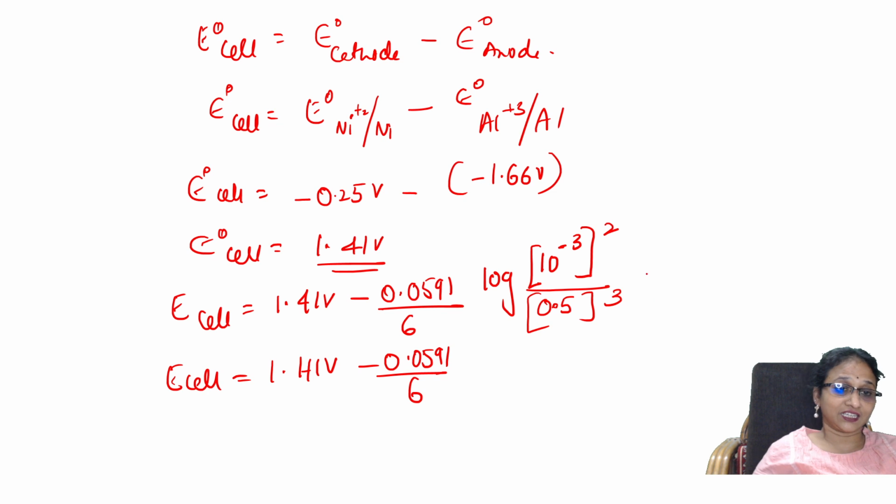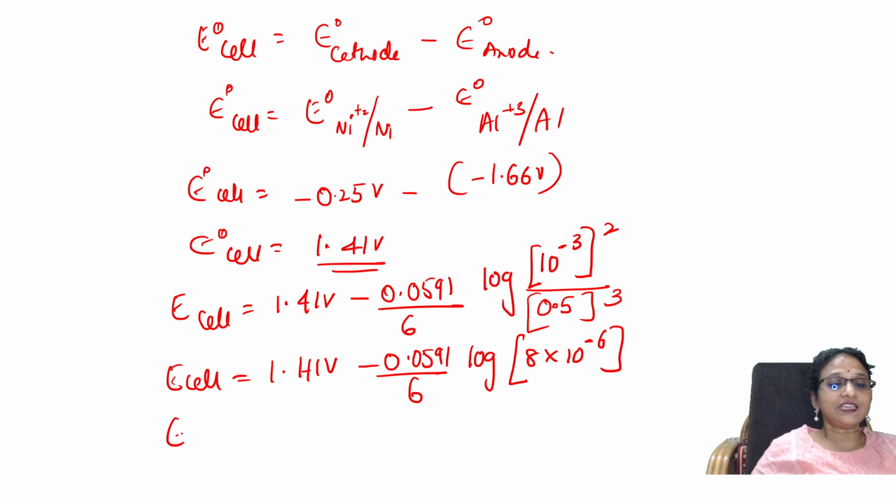When I take the whole thing and simplify, it comes to log 8 into 10 raised to the power of minus 6. Yes, 3 2s are 6, and this is 3, and I took out the decimal. I'll be getting 10 raised to the power of 8. So 8 can I write it as 2 cube.